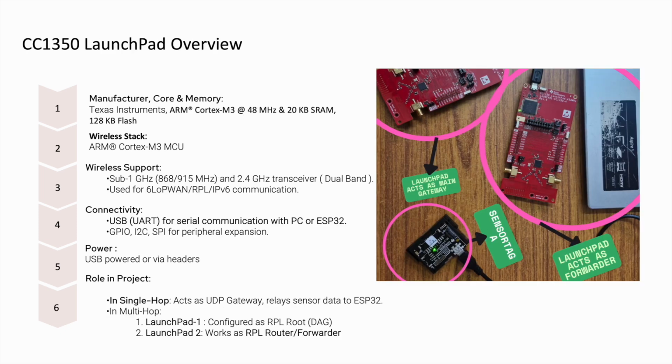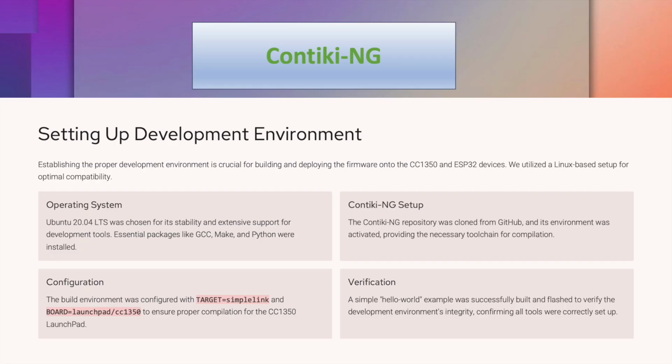So moving to the other product which we are using here, the CC1350 LaunchPad. It is also a dual-band device supporting sub-1 GHz and 2.4 GHz. Again, the board is powered with a USB cable, and the USB also provides serial communication with the PC. Its role in this project is that in single-hop it acts as a UDP gateway, relaying sensor data to the ESP32, and in multi-hop, LaunchPad 1 is configured as the RPL root, and LaunchPad 2 works as the RPL router/forwarder.